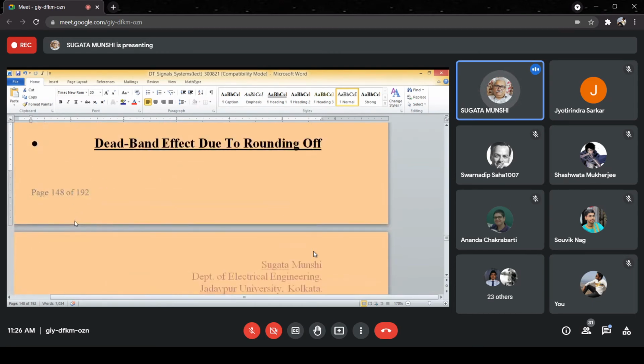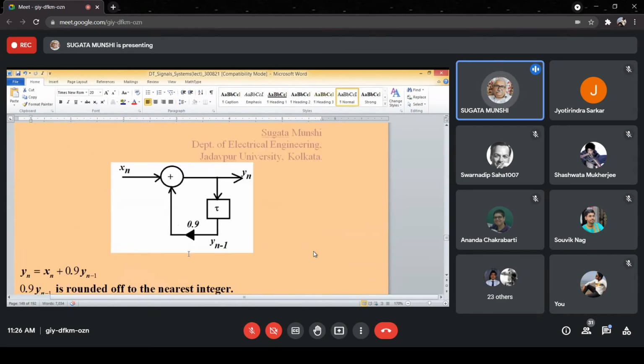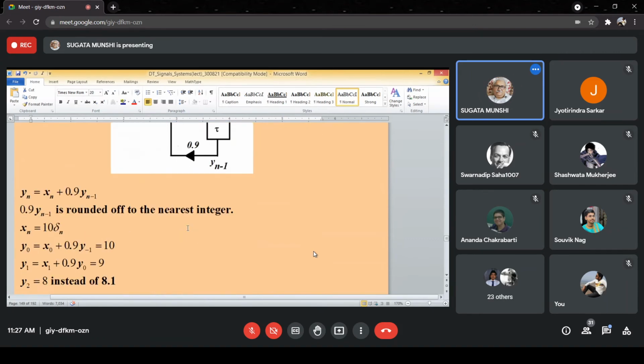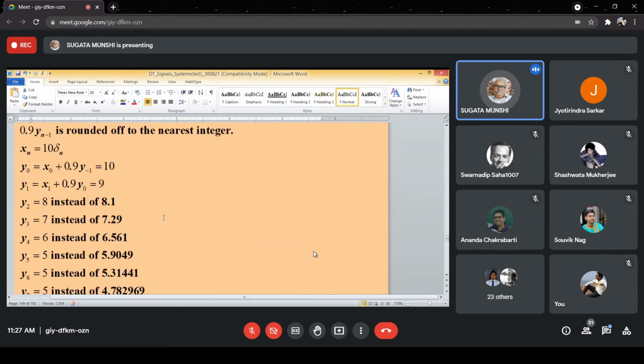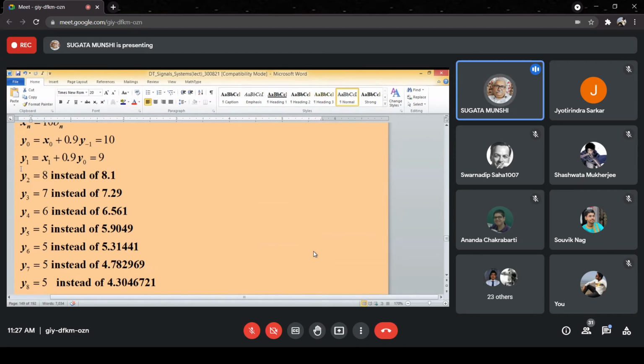Dead band effect due to rounding off. So here what I have done, I have only changed the sign of 0.9. Same equation, sign reversed. All right, xn is 10 delta n, 0.9 yn minus 1 is rounded off to the nearest integer. So y0 is 10, y1 is 9, y2 is 8.